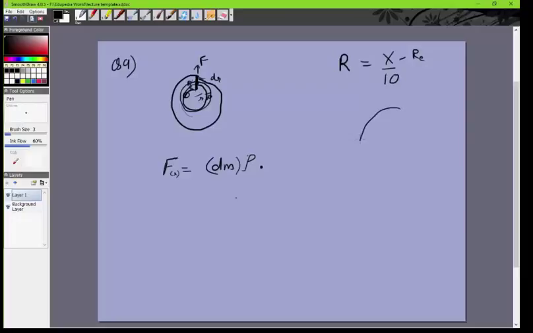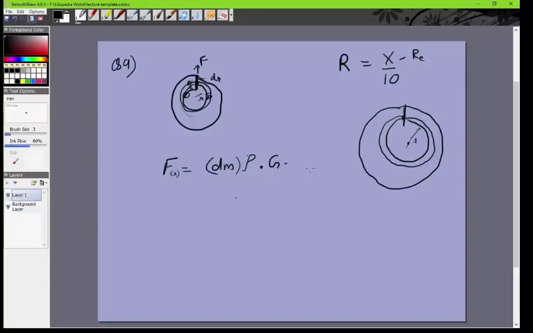I'll try to draw a better figure because I think that will be important. So this is R by 5. This is dr, and this whole is R. Right, so everything within this region will contribute. So this is the mass into GM by r squared.